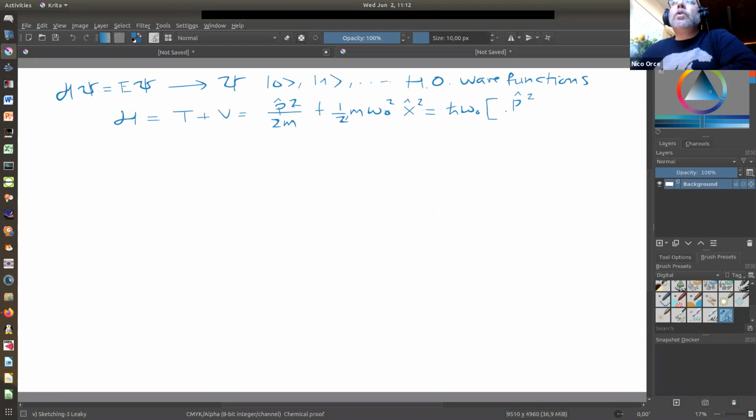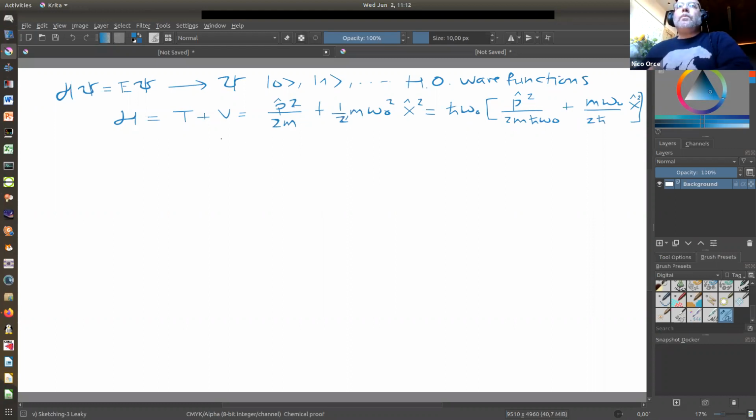So this will be basically P over 2m h bar omega naught, plus n omega naught, and then we have here 2 h bar, of x squared, right?